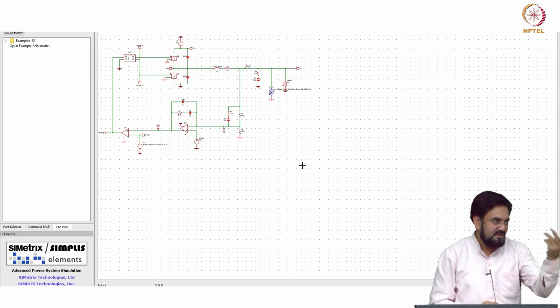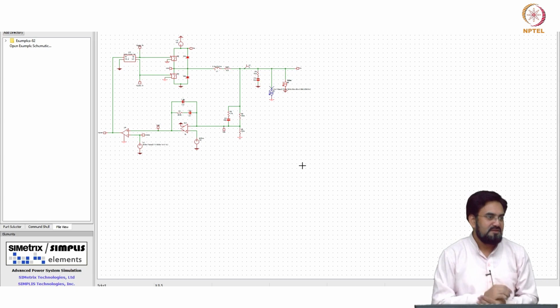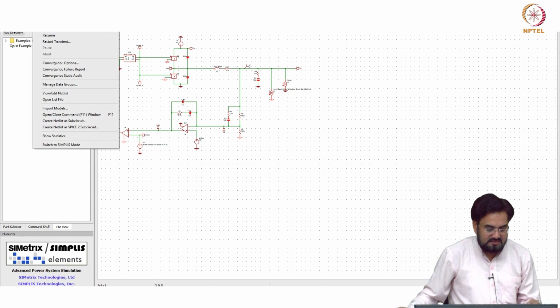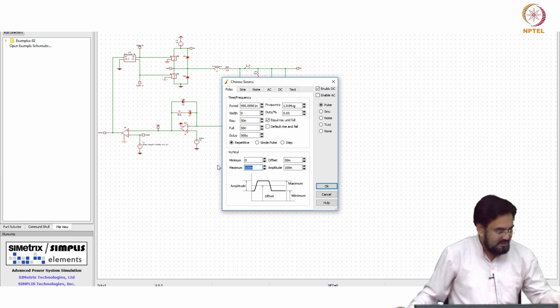Just take the case of an inverter: during the transition only you get the current spikes. So I will turn off this.